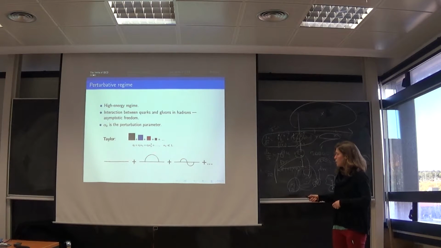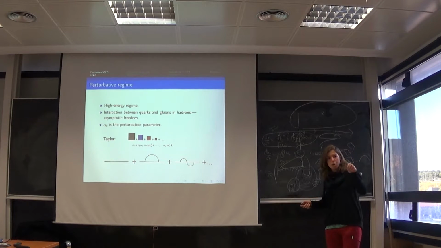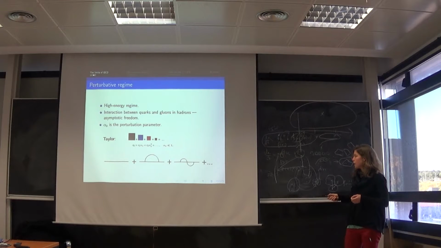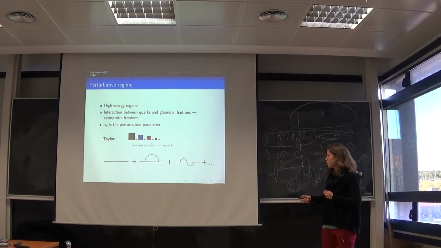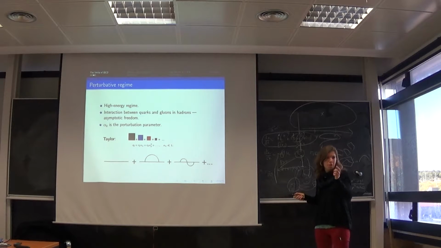This is the simplest correction, and we can go to always higher corrections, adding more and more of those loops. If we try to put it into the theory, for each of these vertices we have the strong coupling constant alpha s appearing once. In the diagram where we have the naked quark, there is no vertex, it's just a line, so we have something that goes with alpha s to the 0.